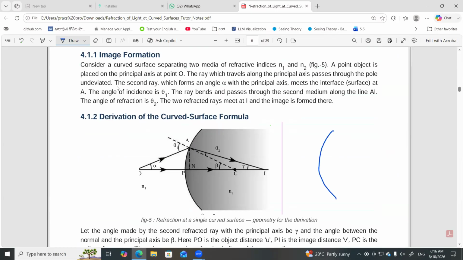This is the curved surface, and this is the water. It means it is a denser medium. The outside is the rarer medium, and this line is the principal axis. Please draw these three first. What I have drawn, please draw first.